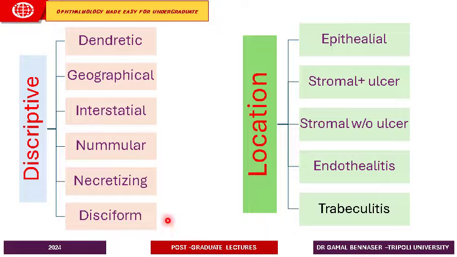And there's another classification based on the location of the structure involved. As we said, any structure of the cornea can be involved. So it might be an epithelial keratitis or stromal keratitis with ulcer or without ulcer, or endotheliitis or trabeculitis. So this classification is based on the location, and this one is based on the description.